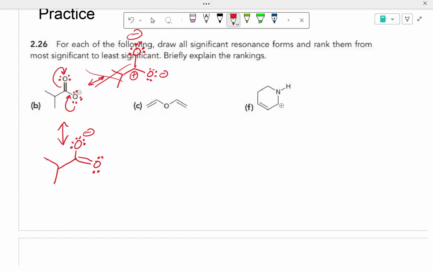Now, when I compare them, are there any differences between them? Both of them have a full octet. Both of them have the same amount of charges. And the charge is on the most electronegative atom. So we would say both of them contribute equally. Neither is the major and neither is the minor. They both contribute equally.